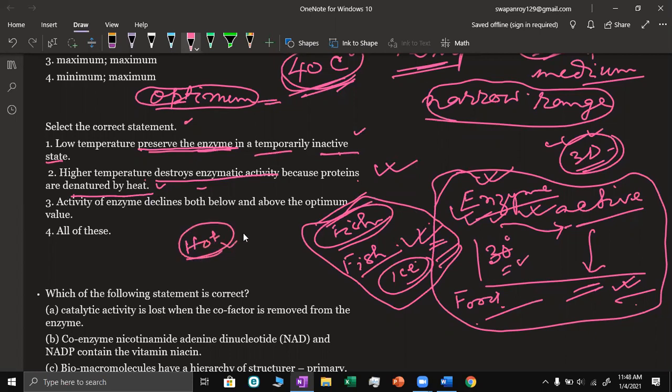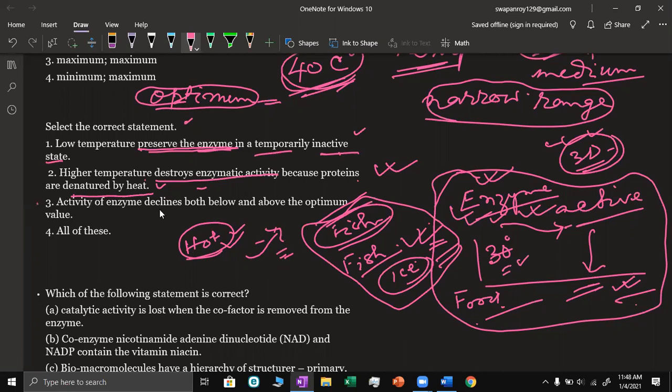The body temperature and outside temperature go very high, and our enzyme system collapses, so we cannot remain living.